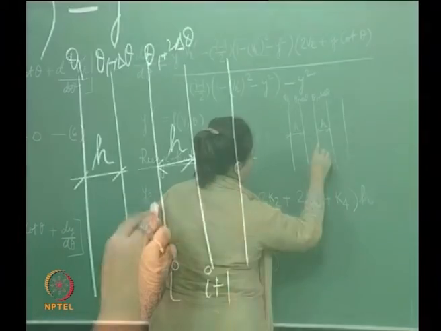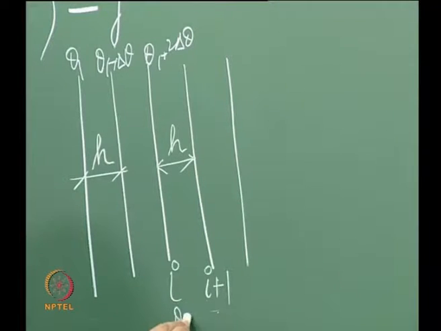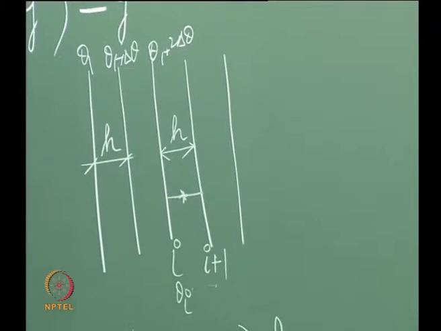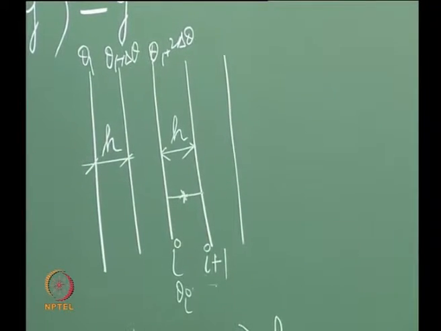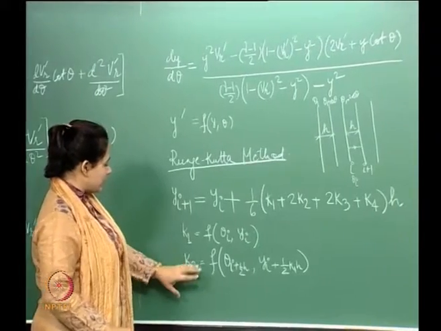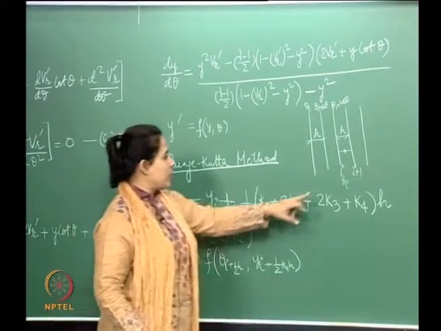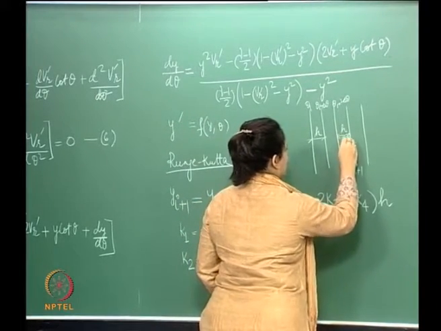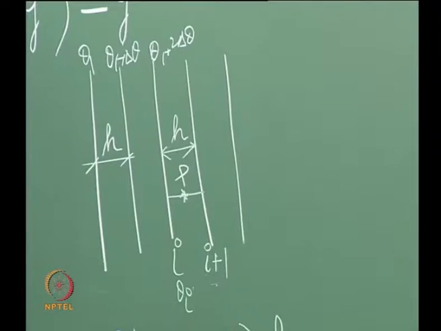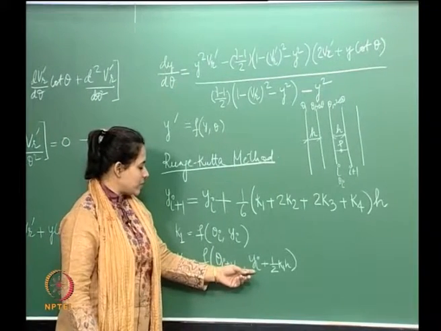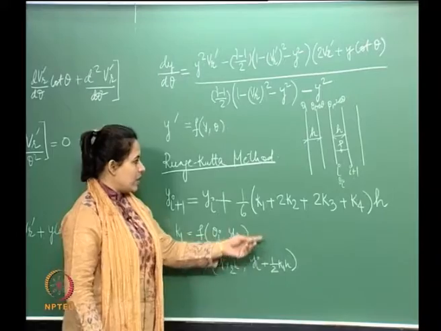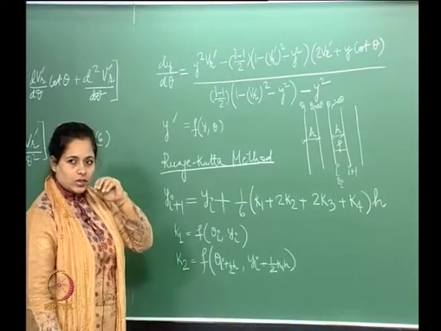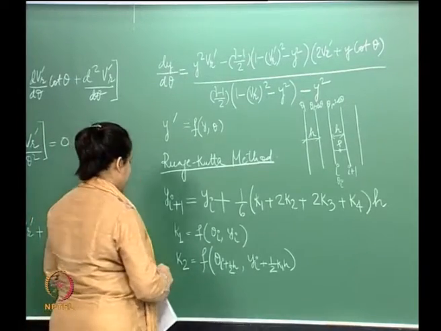Theta_i is here, and half h is over here. So I need to calculate the function not at theta_i but at this point, and correspondingly the y function comes out to be y_i plus half of k1 into h. This is k2.